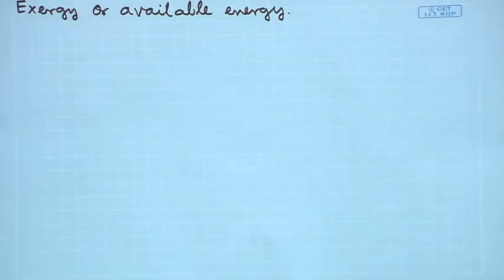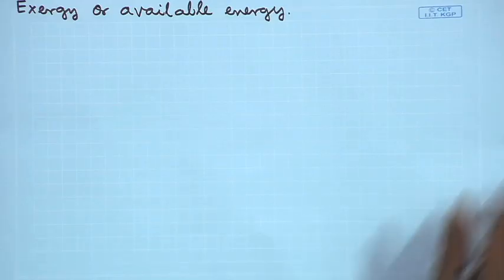Exergy, or available energy, is closely related to the entropy transfer, but there is something more than that. We also try to see the combination of the first and second law. So, let us proceed logically.